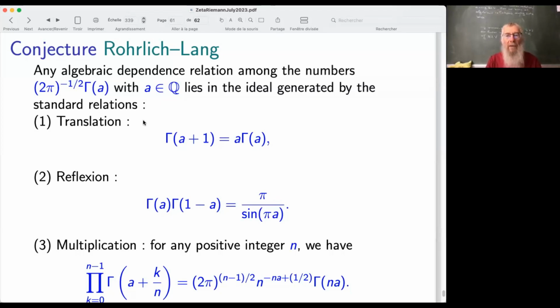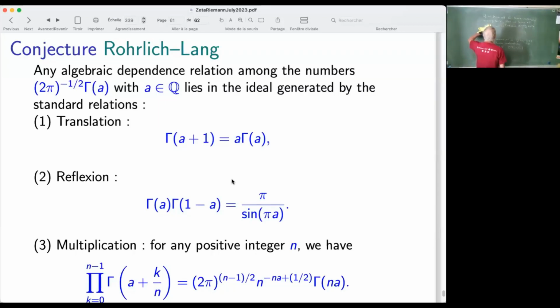Maybe I will just end, because I think it's time now. I will just say what is known. What is known for the gamma function is that gamma of 1/2, gamma of 1/3, gamma of 1/4 are transcendental.